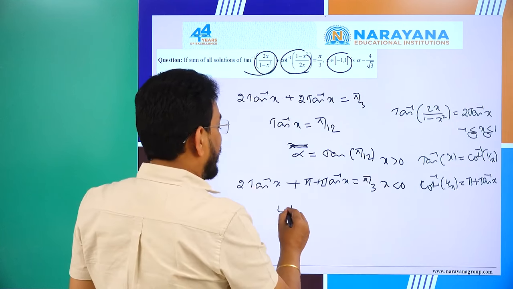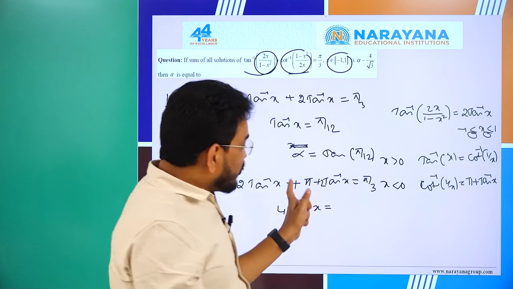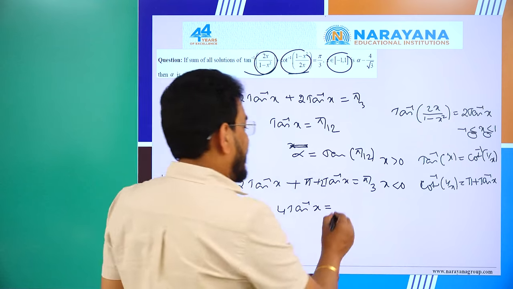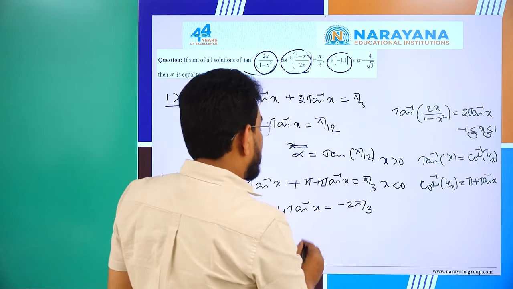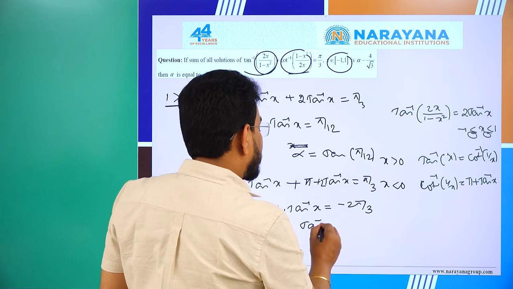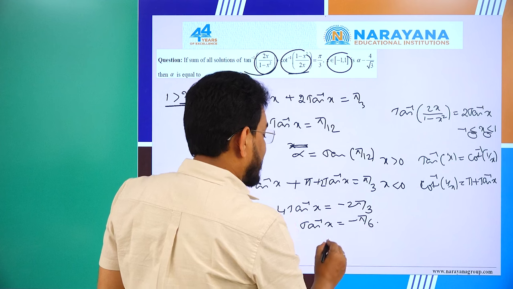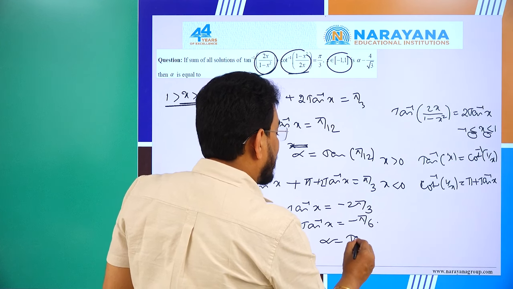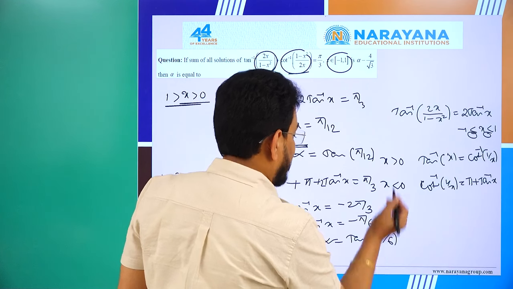So 4 tan inverse of x is equal to pi by 3 minus pi, which is minus 2 pi by 3. So tan inverse of x is equal to minus pi by 6. Alpha is equal to tan of minus pi by 6.